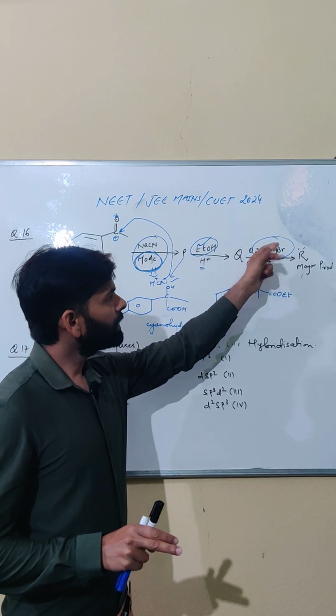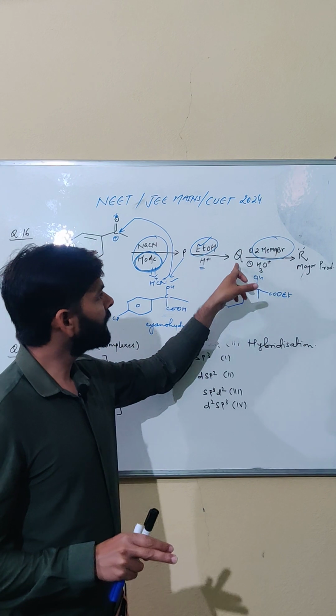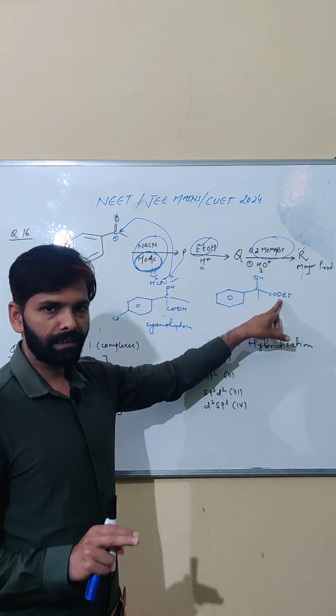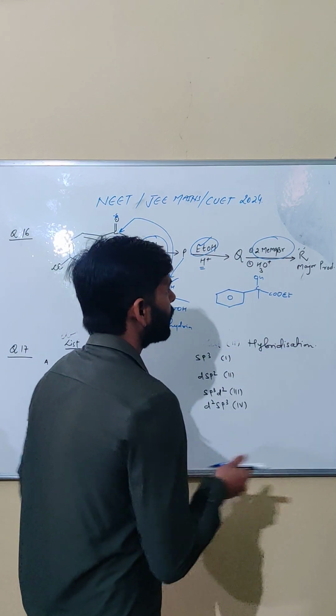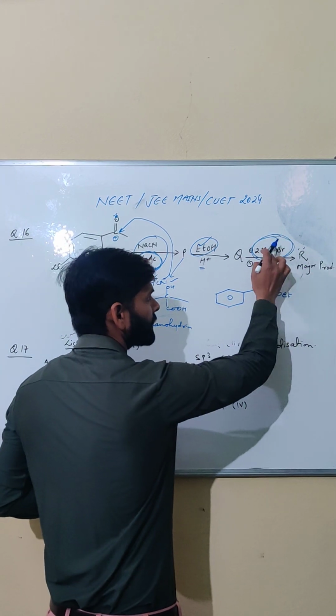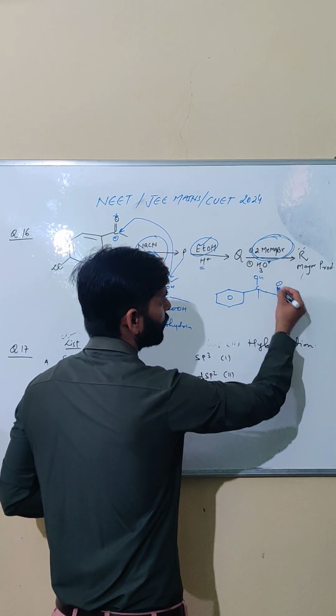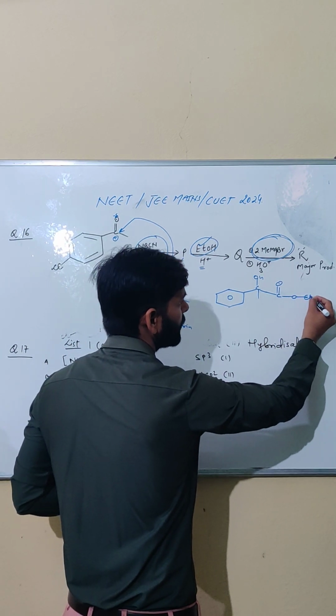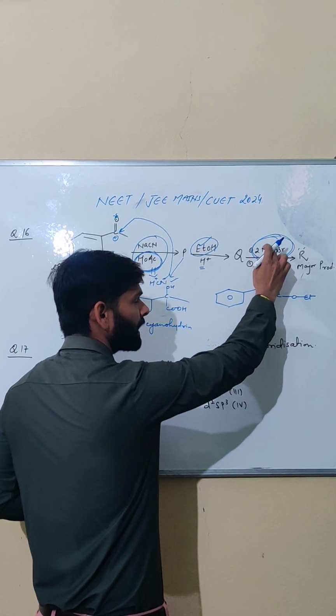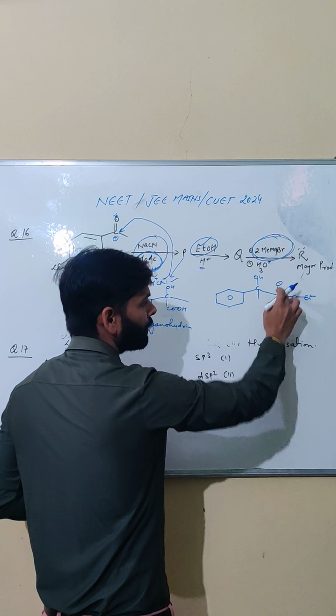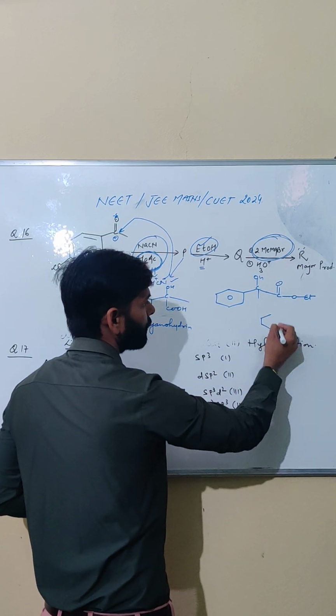So this reagent itself tells us that in Q there will be ester. Okay. Now what you will get on treating this Grignard reagent with this ester? C double bond O and this Et. When this Grignard reagent will react with this compound, ultimately what you will get?